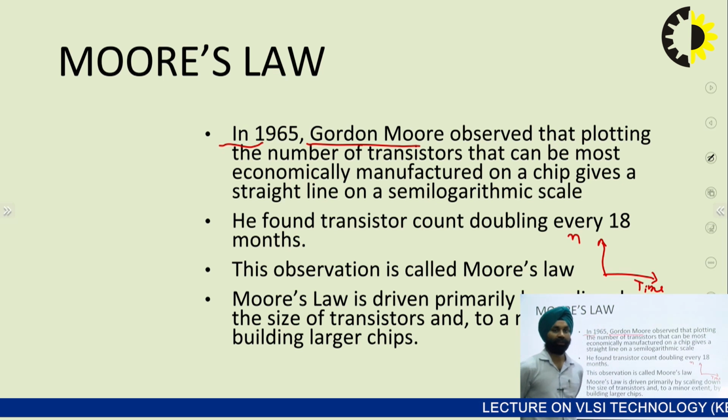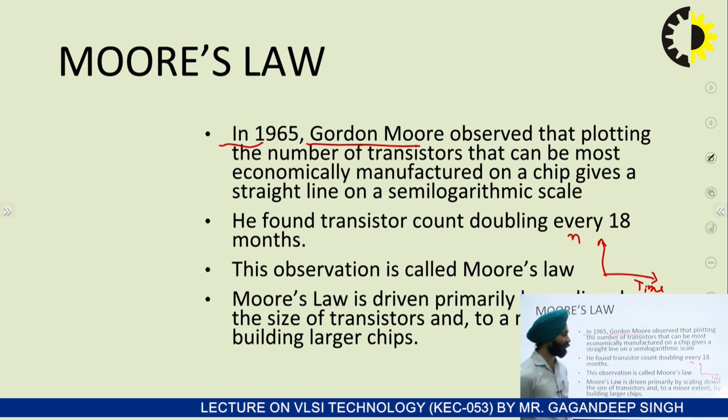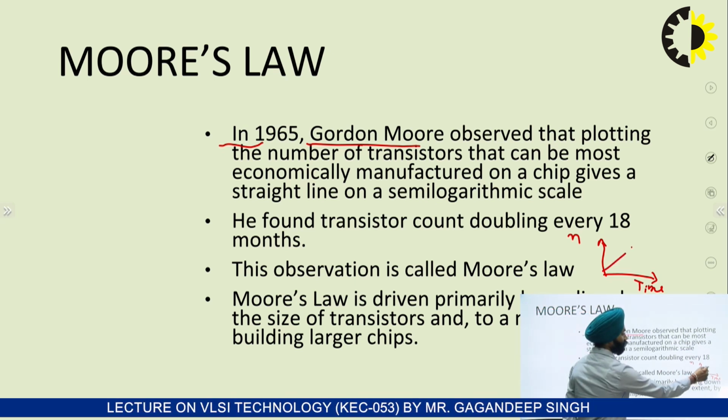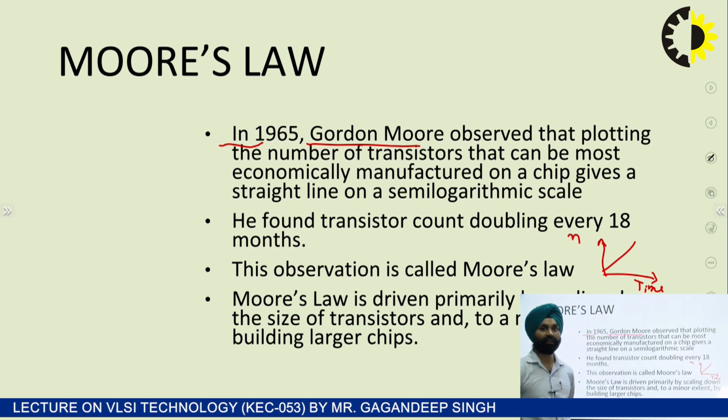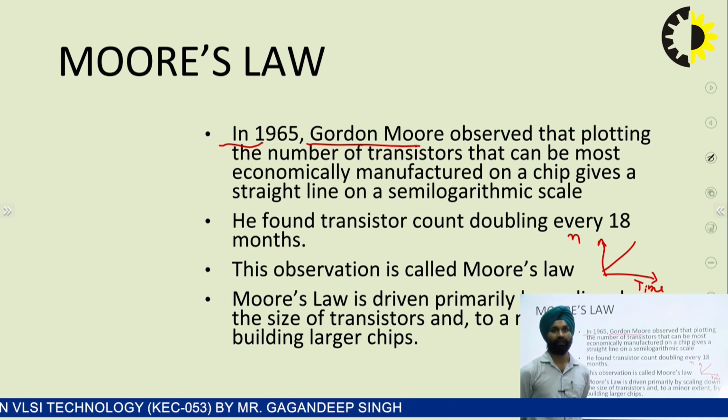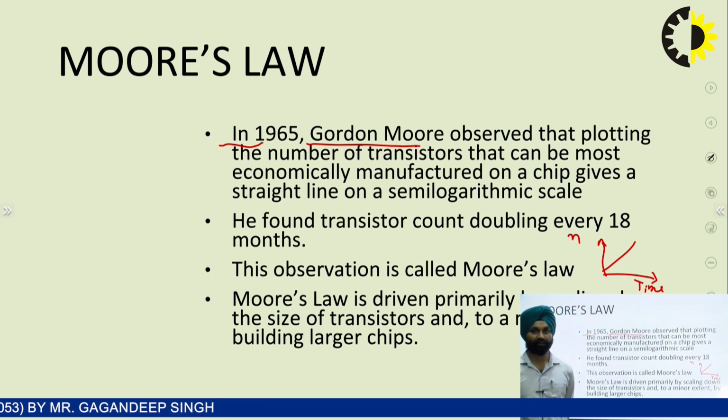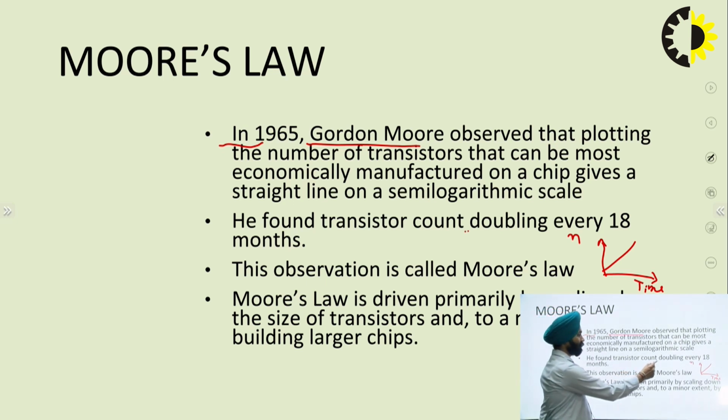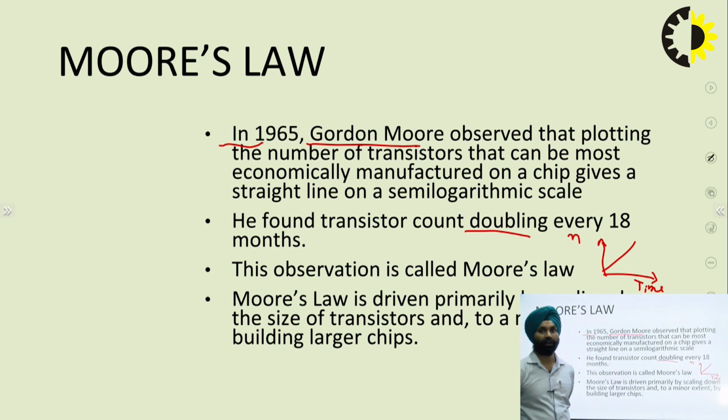With this observation, he found that the graph is almost linear, and that the transistor count in an IC was doubling every 18 months. After every 18 months, the number of transistors in an IC doubled.